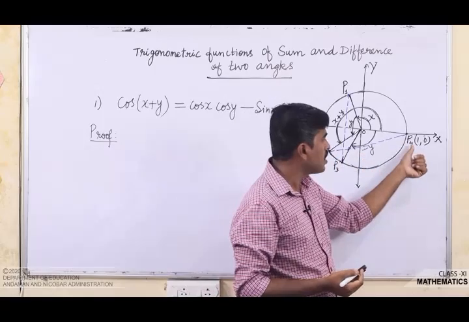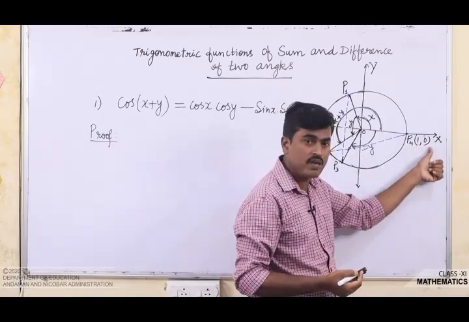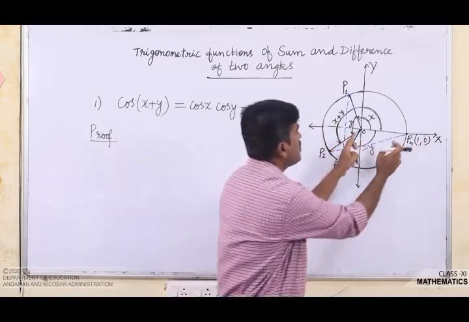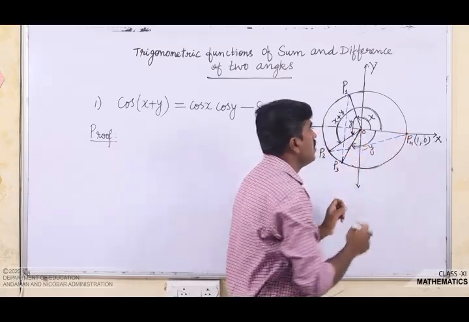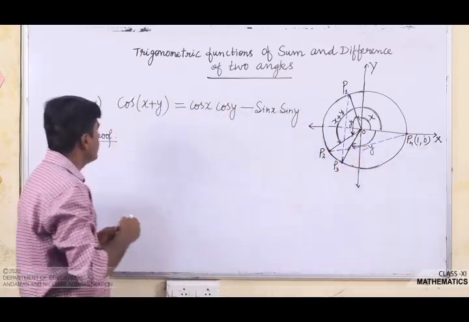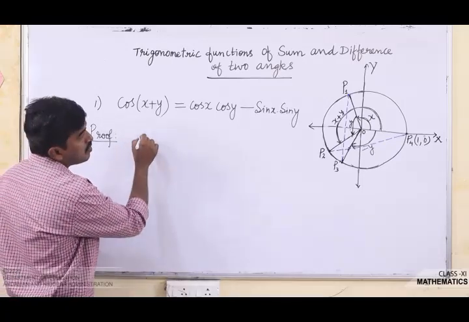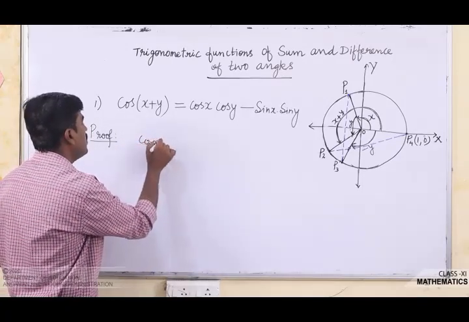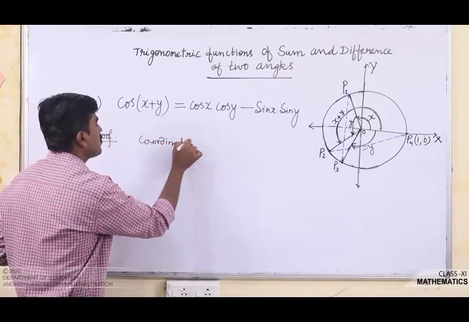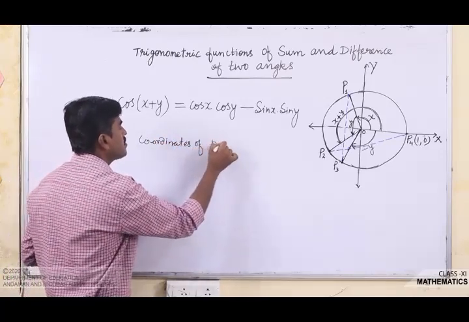In the same way, the coordinates of the point P4 are 1, 0, because this length is 1 unit. It is a circle of radius 1 unit.